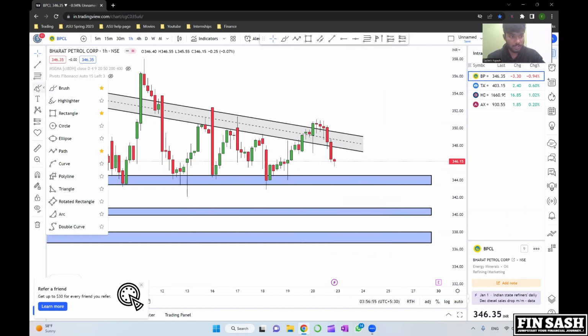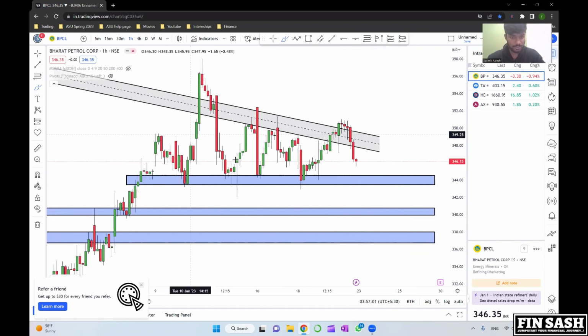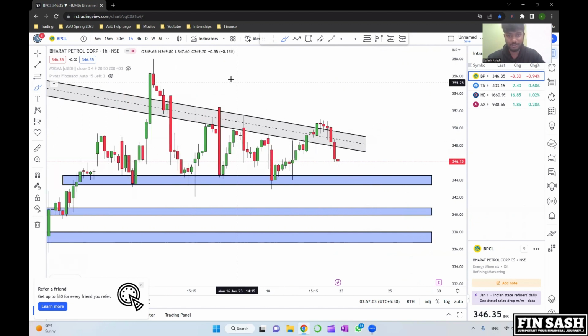And if BPCL takes support again, I wouldn't be interested to take the trade because the market's sideways, so it could take resistance from any of these levels. So I wouldn't be interested in a bullish trade. But if it breaks this level, I would be taking it for a bearish trade.